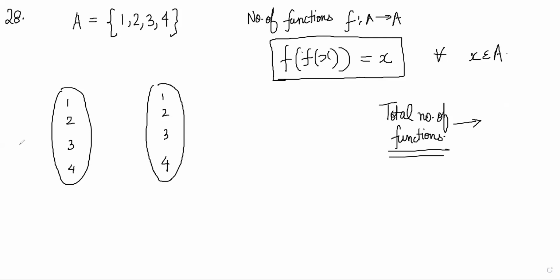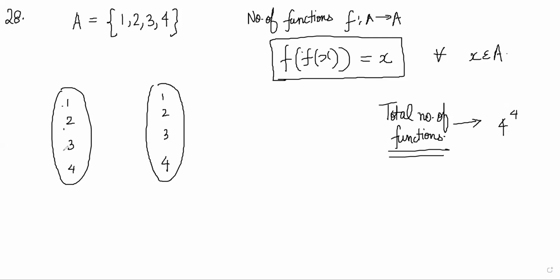You have to think of why, though. Total number of functions is 4 power 4, I think, because each of the 1, 2, 3, 4 could take 4 possible inputs. Or think in the opposite way.